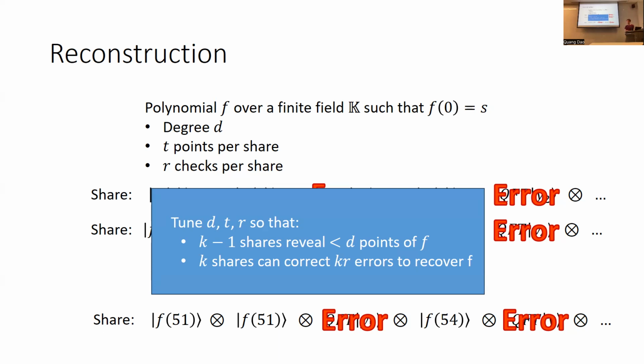No, it is a classical algorithm. What you can do is you can measure each of these positions, and this will give you classical values. It'll give you as a classical value f of 54, and then for this check position that is an error, it'll give you just some random value.